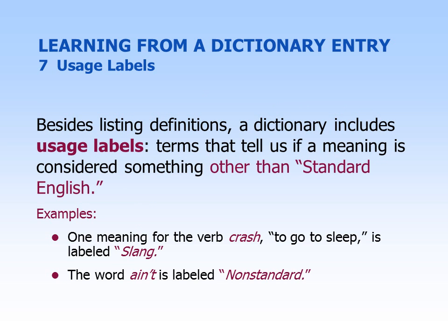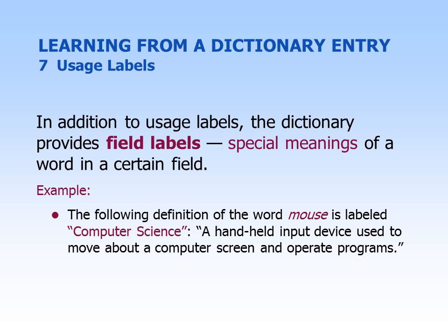Okay, finally, usage labels. Besides listing definitions, a dictionary includes usage labels, terms that tell us if a meaning is considered something other than standard English. One meaning for the verb crash means to go to sleep. That's labeled slang. The word ain't is labeled non-standard.